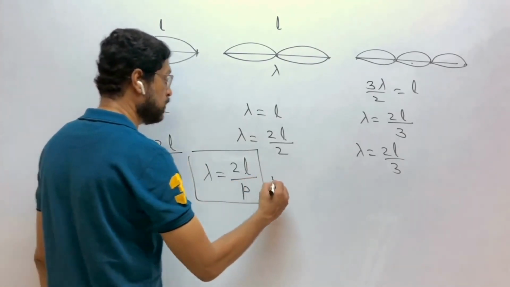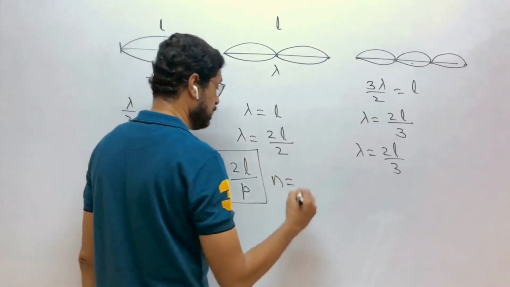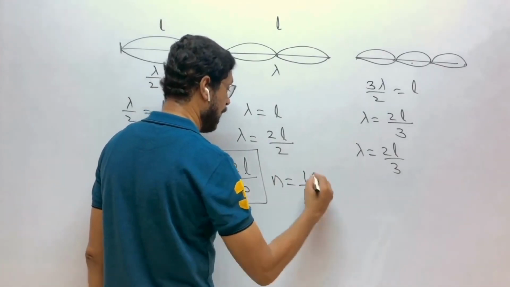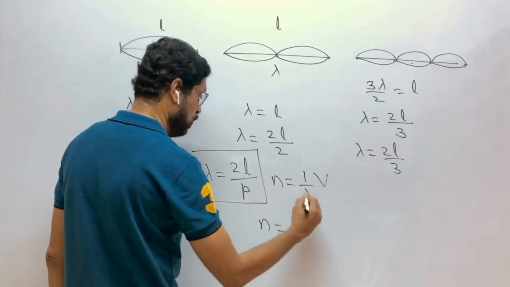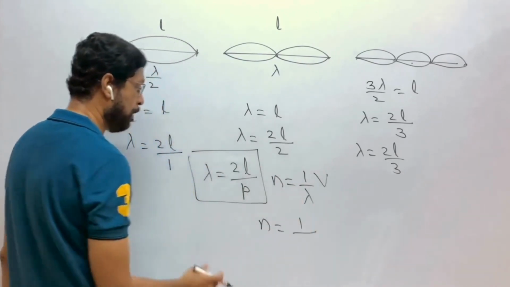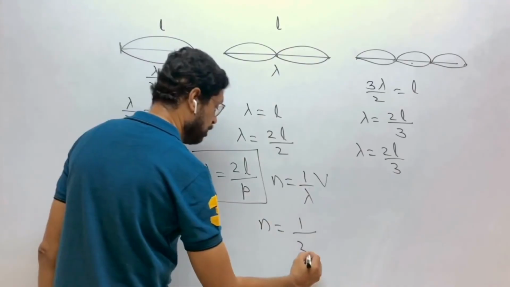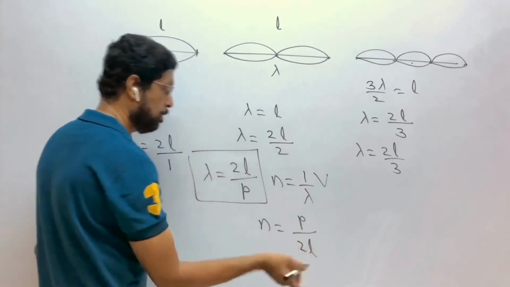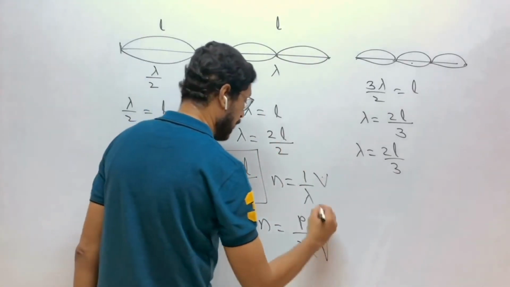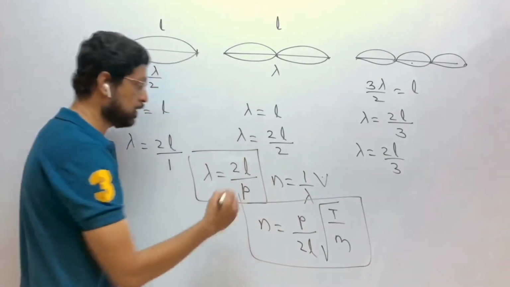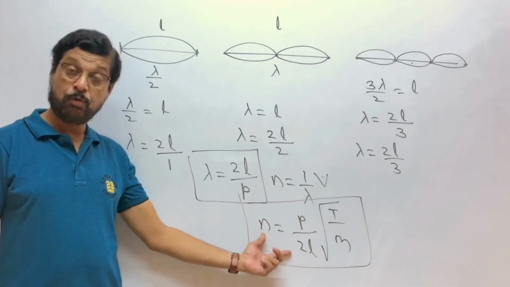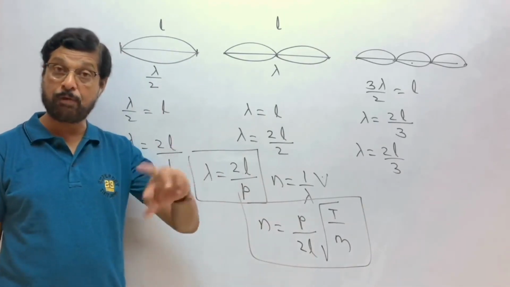So in general, N is 1 upon lambda into V. So N is equal to 1 upon lambda means 2L by P, and V means under root T by M. So this is the general formula for frequency of vibration of a string.